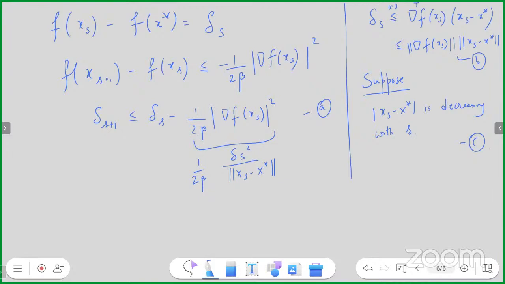Lots of minuses and 1 over, so always be careful about how many times it is shifting signs. Just applying B, delta squared, you get here. And applying C, you get delta S minus 1 by 2 beta delta S squared over x1 minus x star.